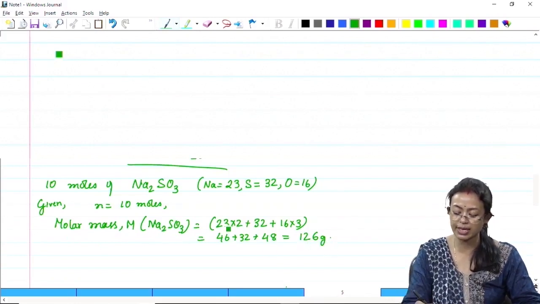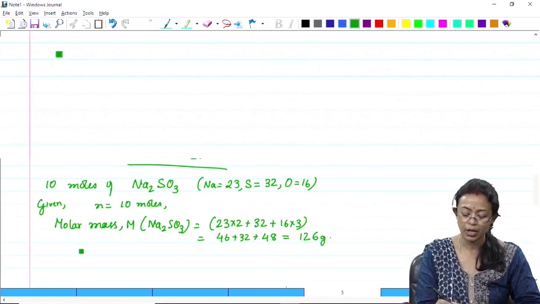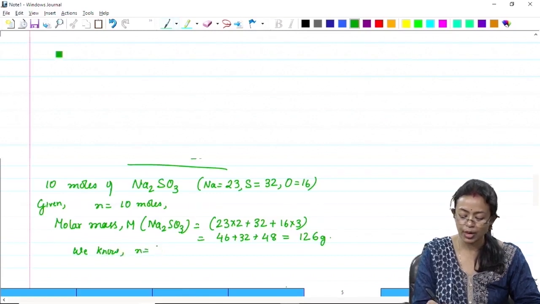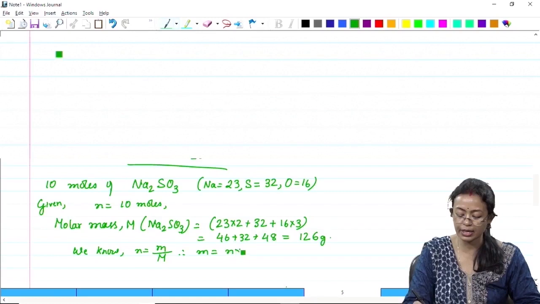Let us calculate once again: 23, 46, 32, 48, 8, 10, 16, 6, 5, 6, 7, 8, 9, 10, 11, 12. So 126 gram. So we know n is equal to m by M. Therefore, m is equal to n into M. So n is already given to be 10 and M is 126.